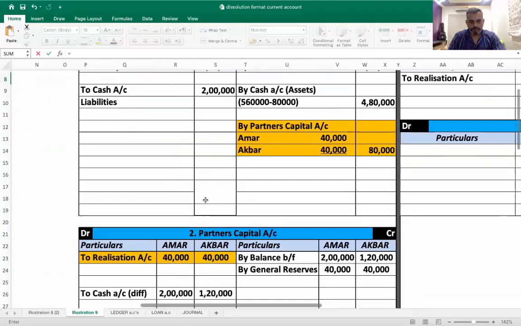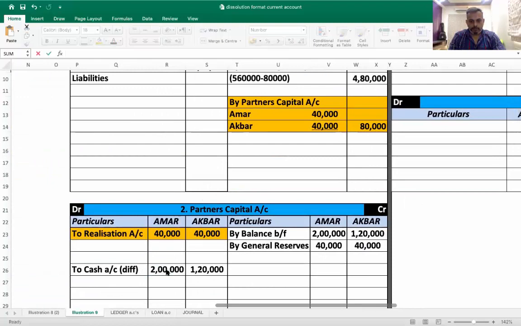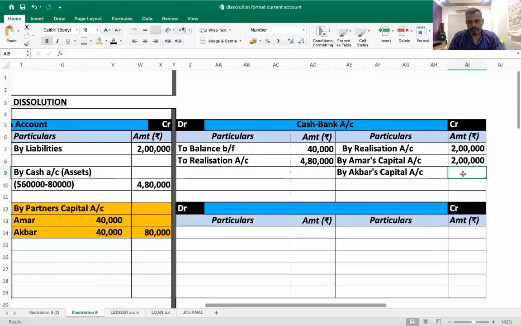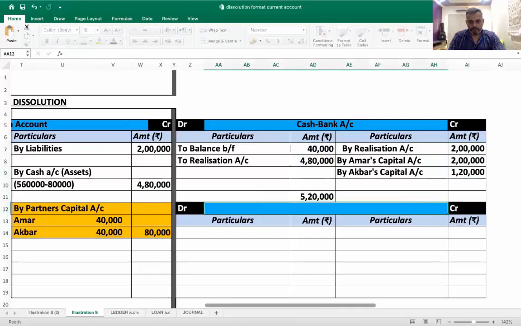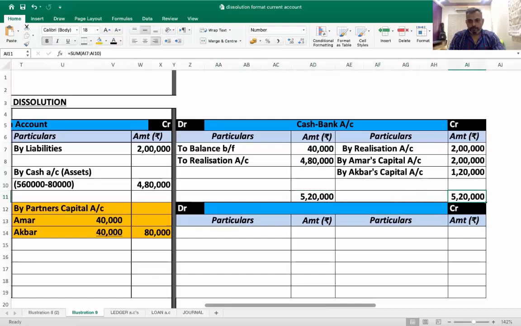Amar is 2 lakh and Akbar is 1,20,000. चेक करो ये मैच हो रहा है कि नहीं. 5,20,000, 5,20,000.